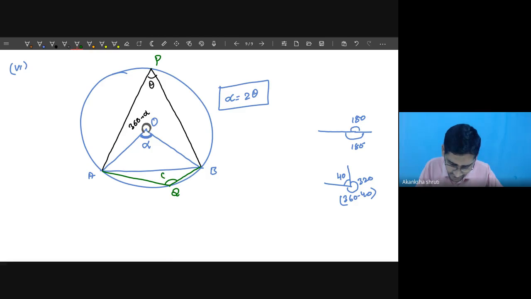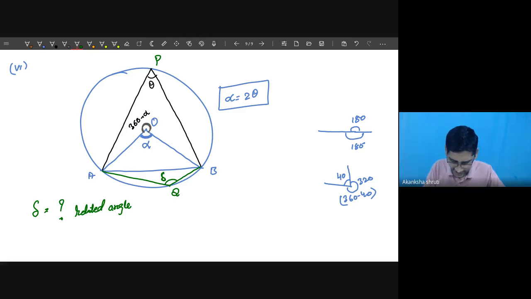So let me denote it by delta, this way. Then delta is related to which angle, students? Delta is equal to which relation? So the related angle you have to write. We will learn later. Delta is also related to theta. Delta plus theta is 180 degrees. That is called the cyclic quadrilateral.